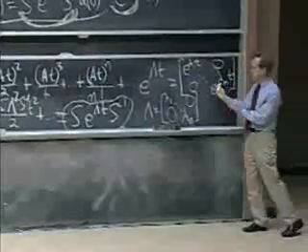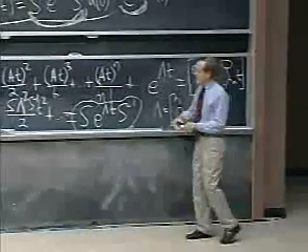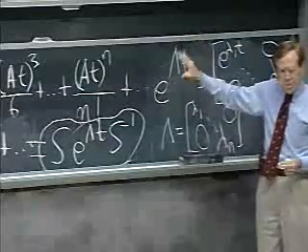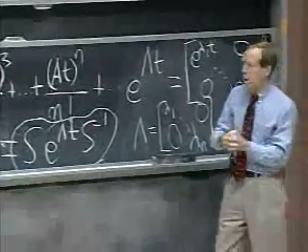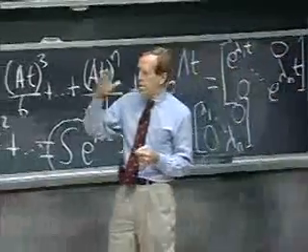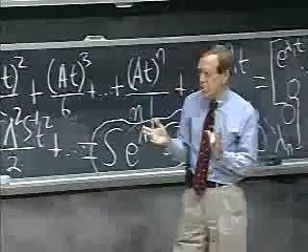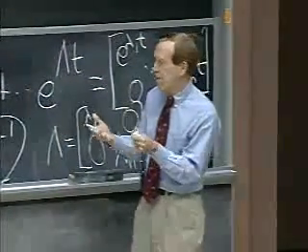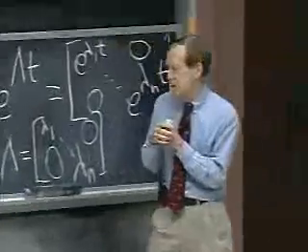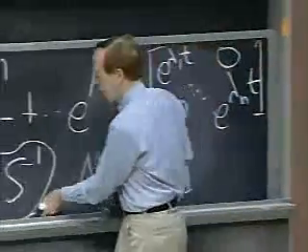Okay, so in a sense, I'm doing here on this board with formulas what I did in the first half of the lecture with a specific matrix A and specific eigenvalues and eigenvectors. So let me show you the formulas again.